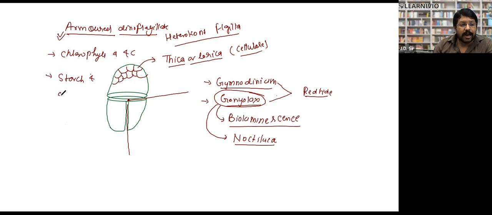They have starch and oil as reserve food. Next point. Asexual reproduction takes place through cell division.